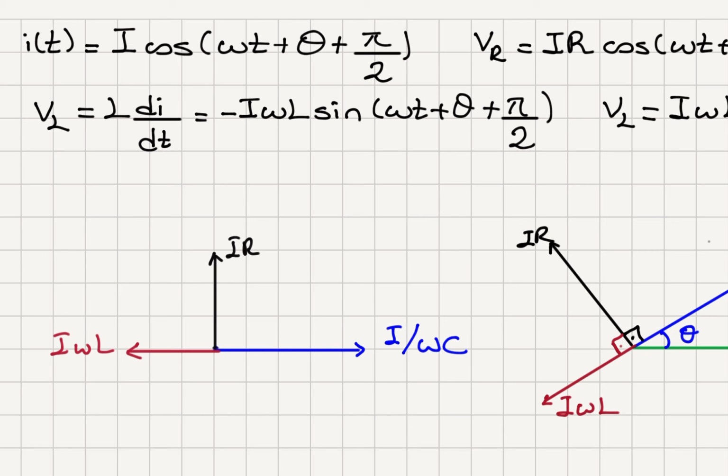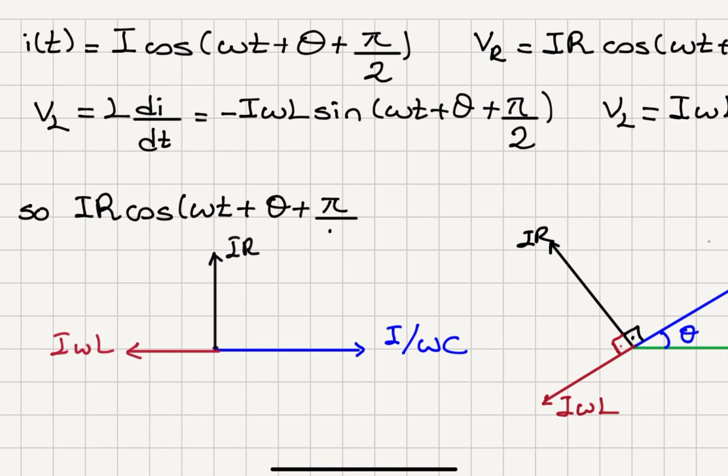All right, so this phasor equation is basically the following. For the resistor voltage, it's I R cosine omega t plus theta plus pi over 2.